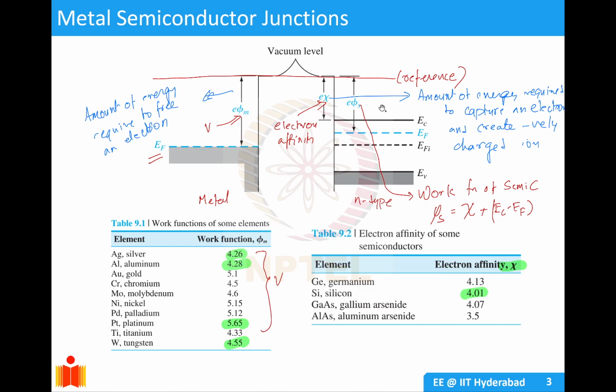So the relationship between chi and phi s is the addition of the gap between EC and EF: phi s is equal to chi plus EC minus EF.